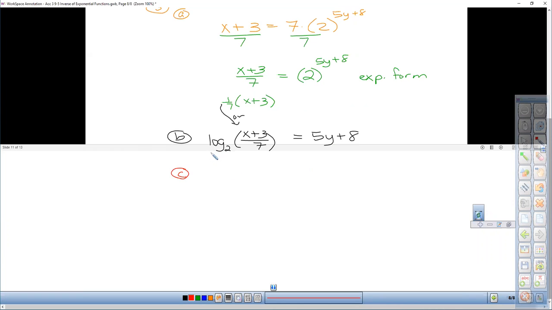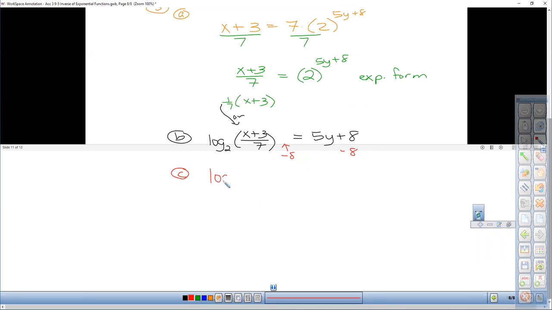So log base 2 will remain log base 2. So I'm going to, again, use my reverse order of operations, and I'm going to subtract my 8, because I have to undo addition before I undo multiplication with that reverse order of operations. Remember, my argument is already fixed. That's why I put it in parentheses. So this goes after those parentheses.